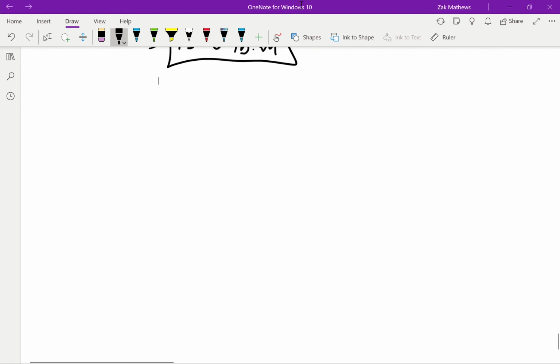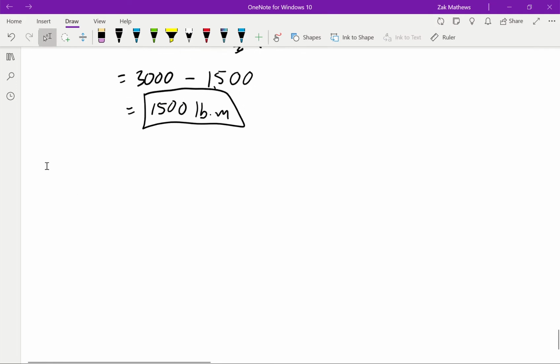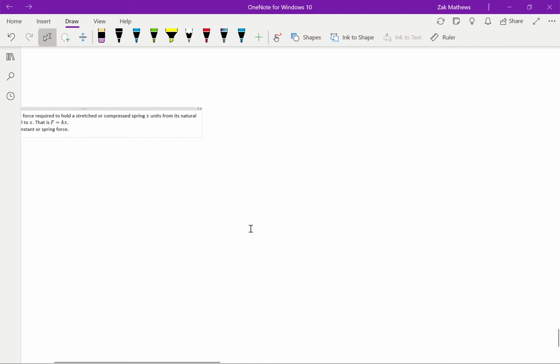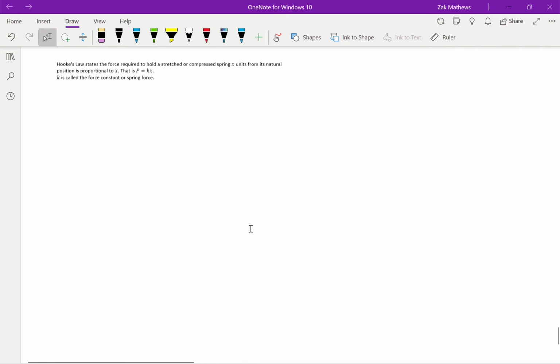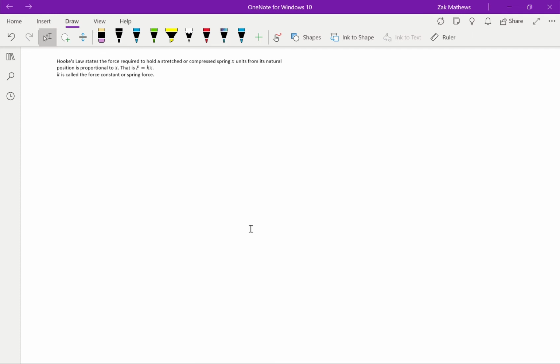All right, let's talk about another example of how we can apply work. Let me copy this definition down. Another good application of changing forces are springs. If you think about a spring and you try to compress that spring in, you push it inwards. The first little bit you're going to be able to push very easily.